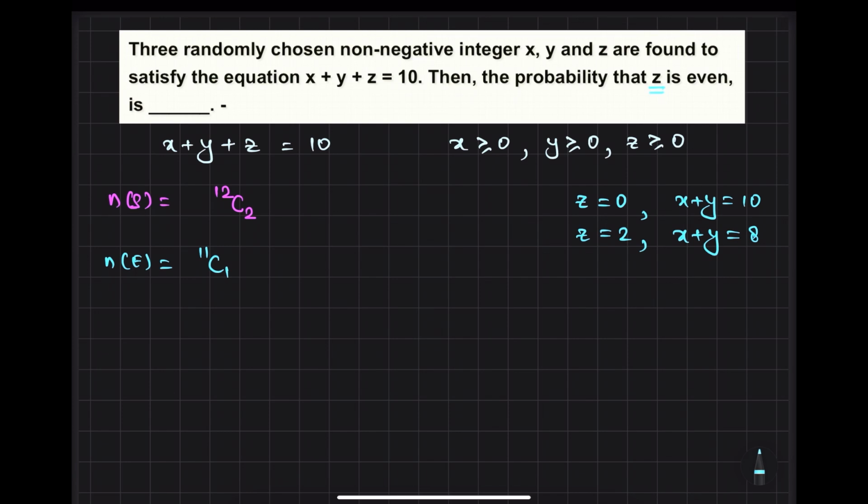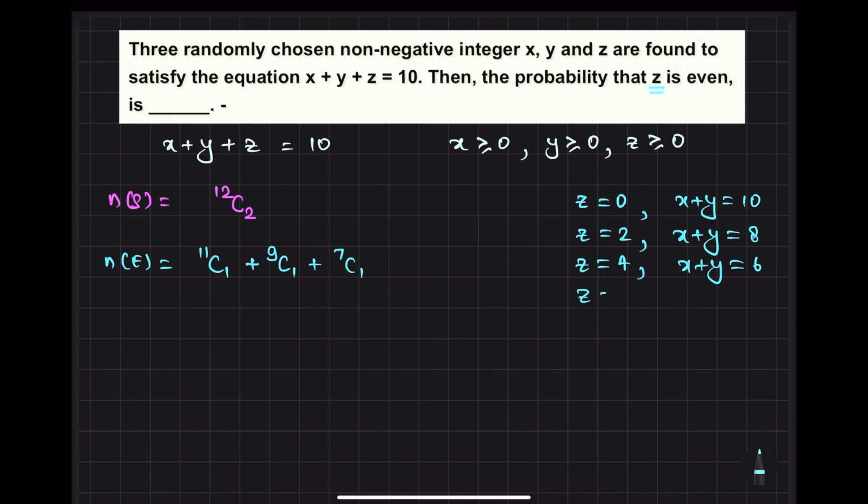So it is 9C1, we select the stick. Now suppose z is 4. So x plus y would become 6. So you have to distribute 6 samosa among 2 persons. You will ask for 1 stick, so 7. Now you will select your stick.